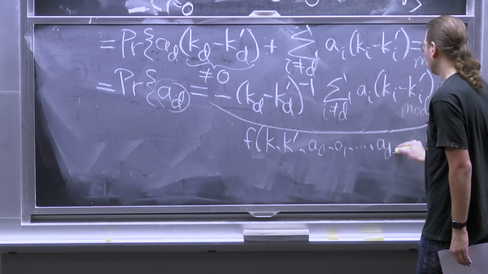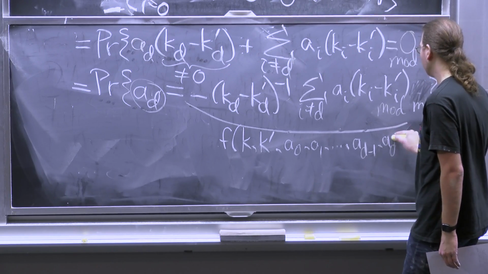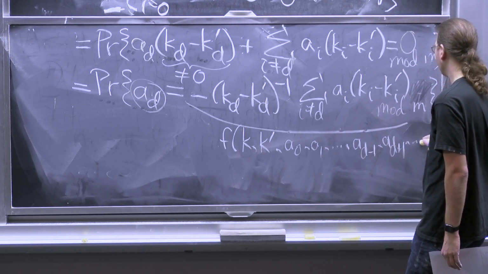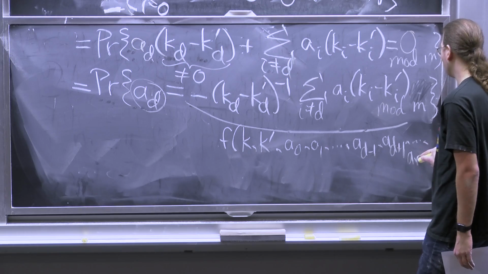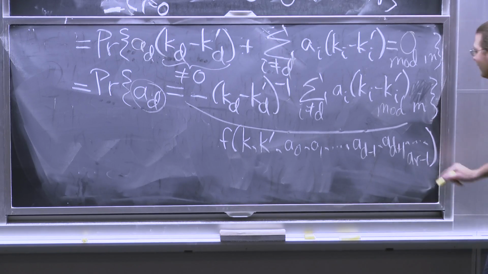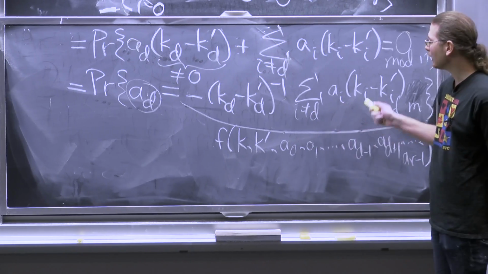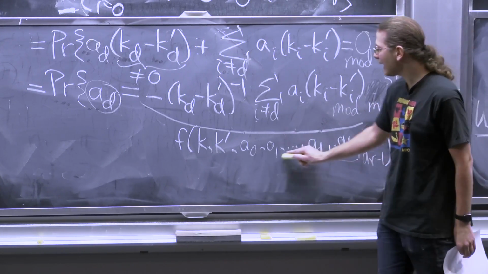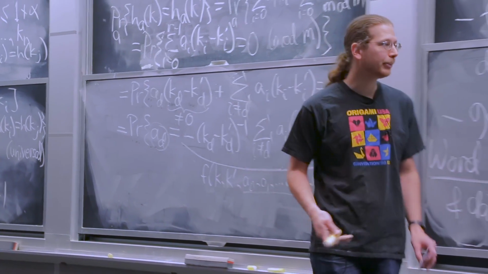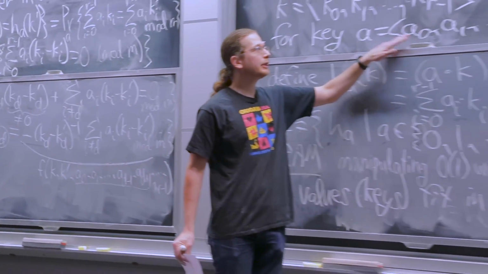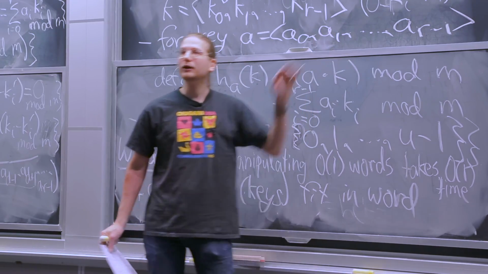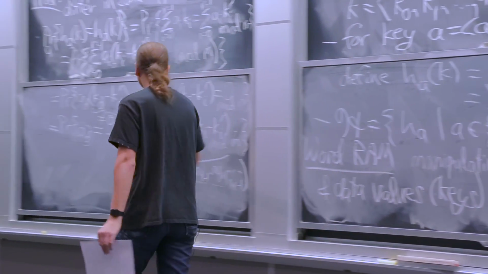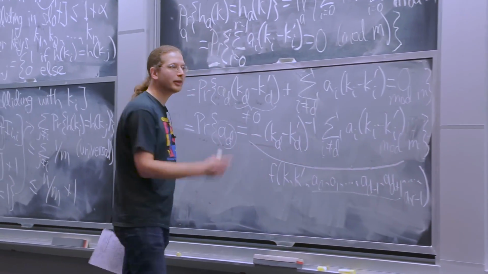So AD minus 1, AD plus 1, and so on, up to AR minus 1. This is awkward to write. But everything except AD appears here because we have I not equal to D. And these AIs are random variables, but we're assuming that they're all chosen independently from each other.